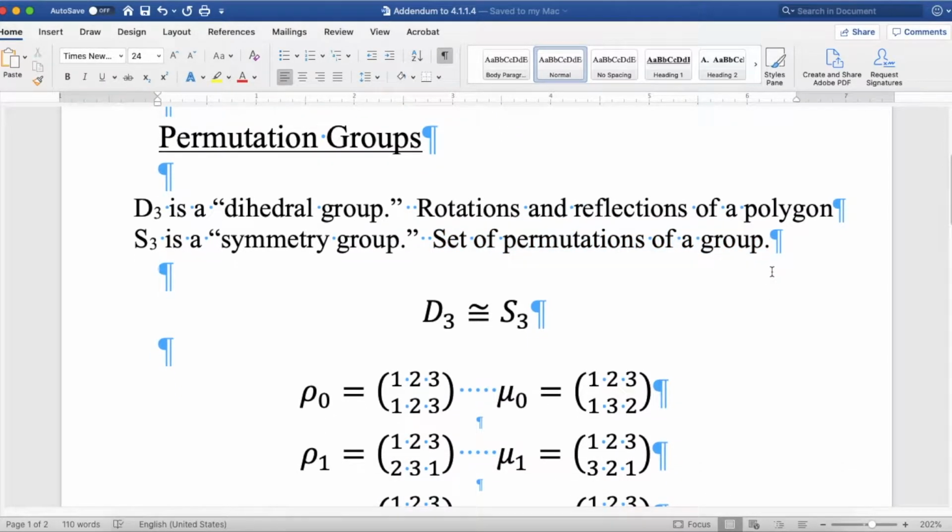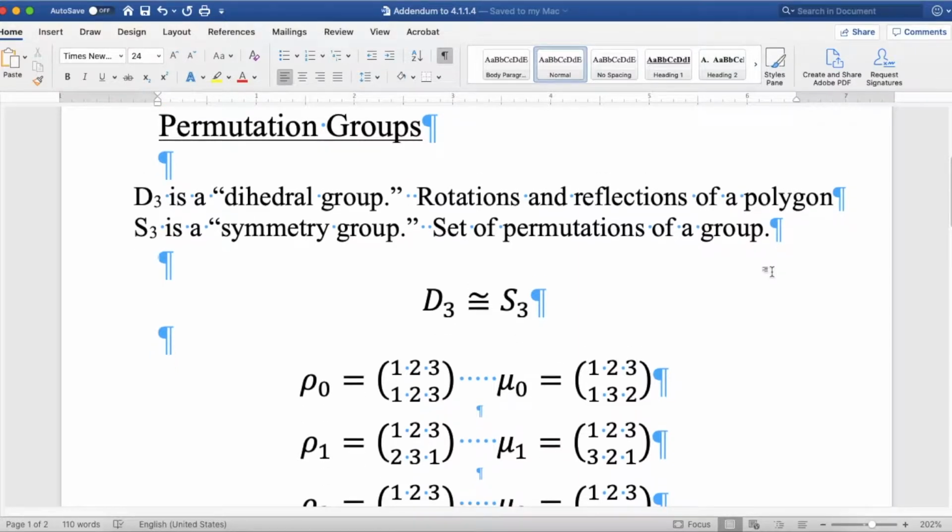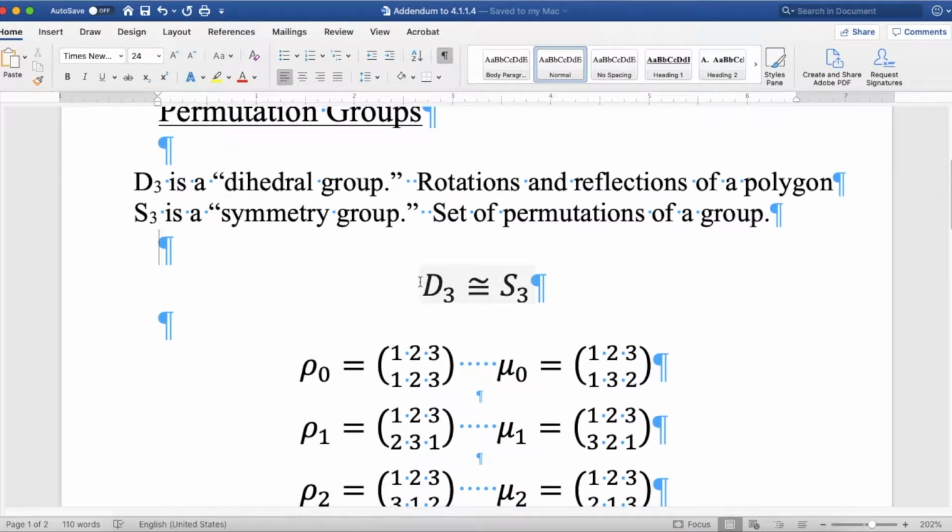Now, it's looked at in a completely different way from thinking about it in terms of rotations and flips of a polygon, but it is actually isomorphic. So the group D3 is isomorphic to the group S3, which is the symmetry group for three elements. So we haven't looked at what isomorphic means.